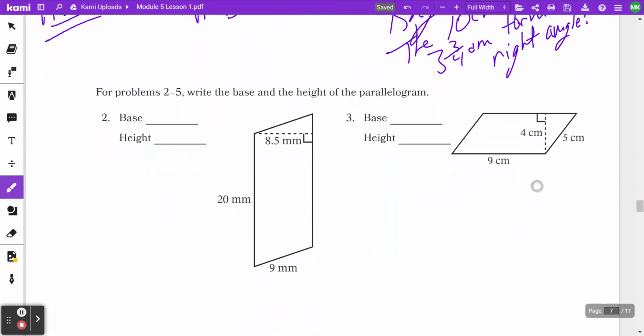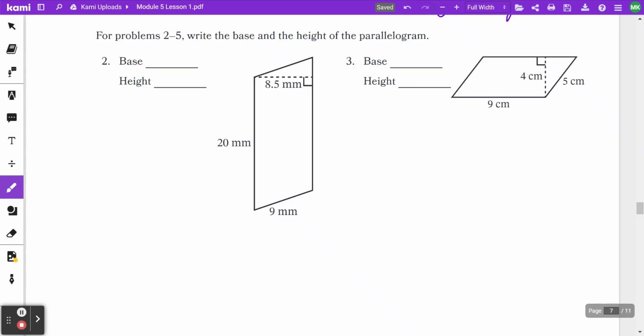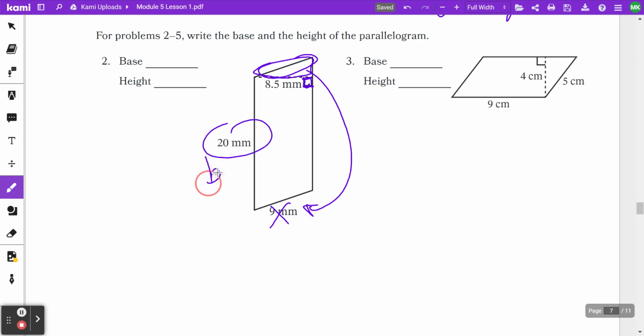All right, so now you can put this into practice. You see this right angle over here. They want the area, so they want the base and the height. I can take this piece, cut it off, and put it over there, which means it's 9 millimeters. Here is my base or my height, and this is my base or my height.